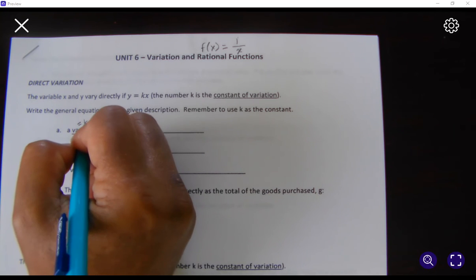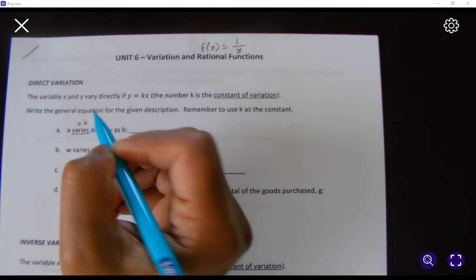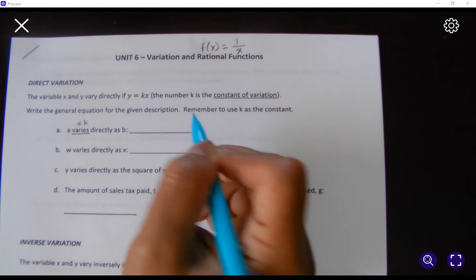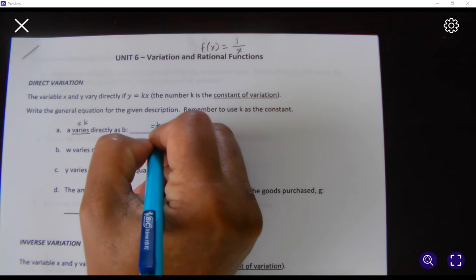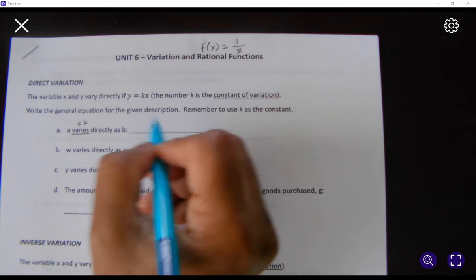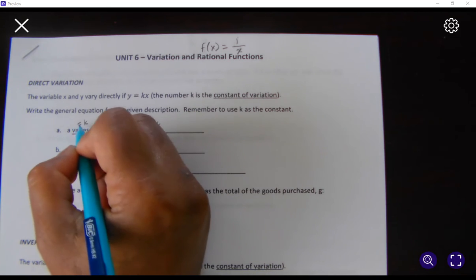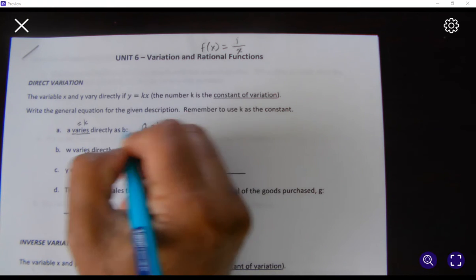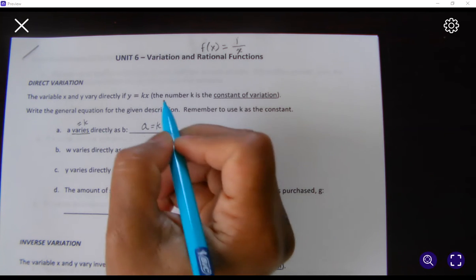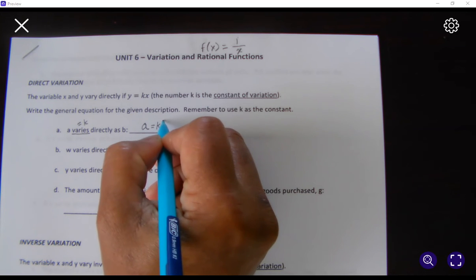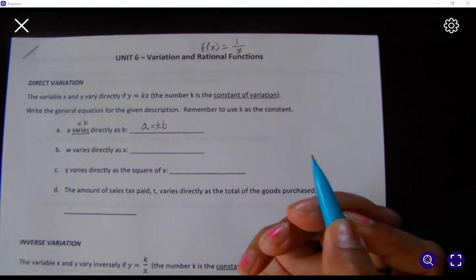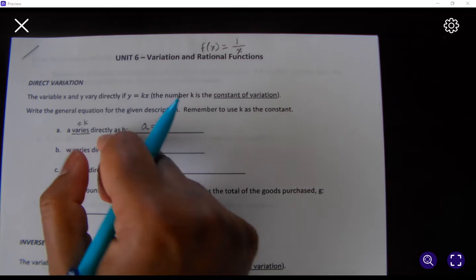I'm going to start by putting equals k because I see the word varies. And then what equals k? Well, A equals k. Directly means it's being multiplied. So directly as B, so multiplied by B. And that's it. That is my equation for this description.